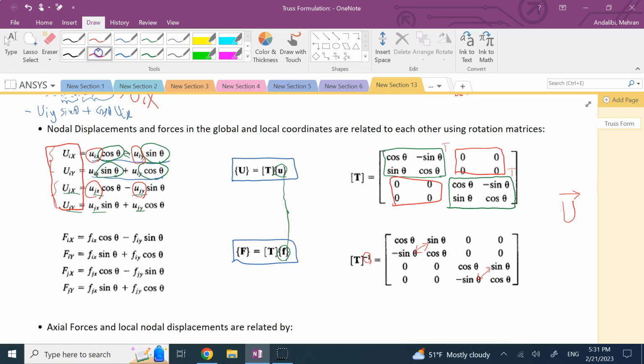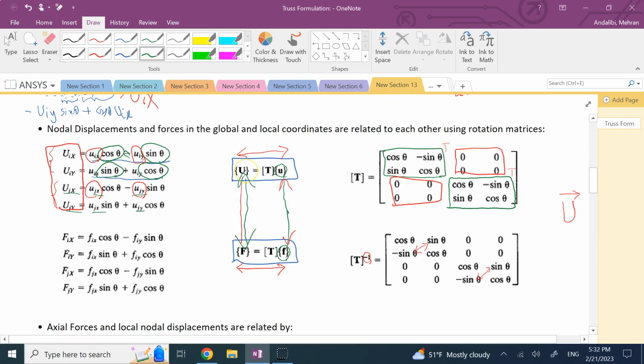That means now I can go from U to F or from F to U. Here I can go from small u to big U, and here I can go from small f to big F. If I can go from small u to F, or vice versa, from F to U, because these relations work both ways, you can use T or T inverse, and I'll show you here, this relation you can also invert. Then that means I can also relate the capital U's and the capital F's together, and that's where we solve the problem.